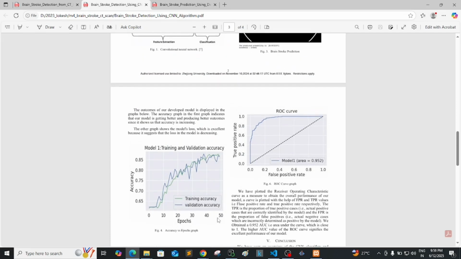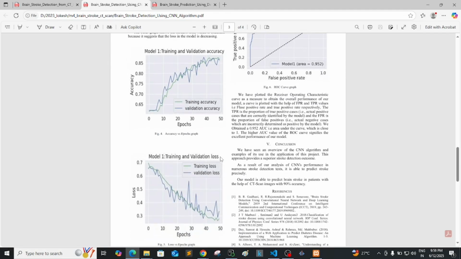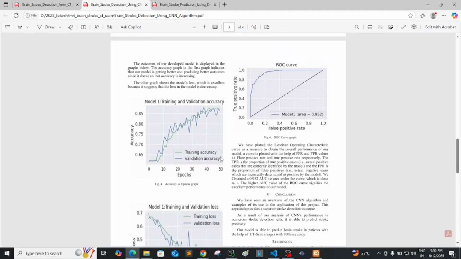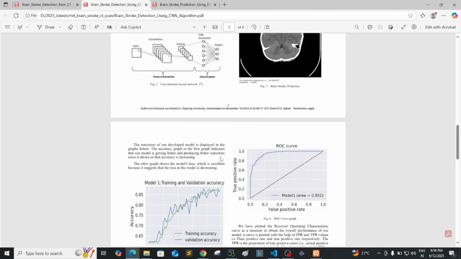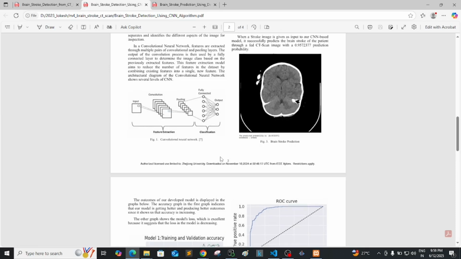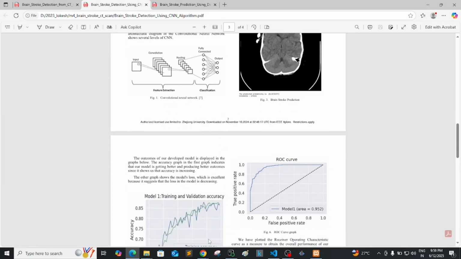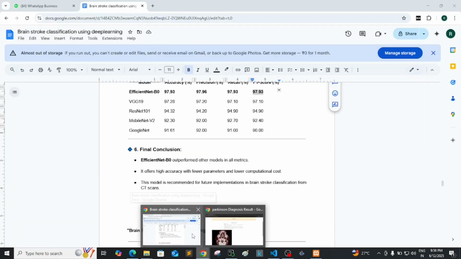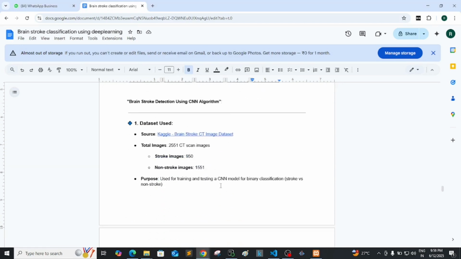You can see here epoch-wise they are training for 50 epochs, and it is going just above 85%. It is not actually 90. 95 is the AUC curve value. Accuracy is not 95. Okay, so you will be seeing that here. We already studied that and made it as a note.